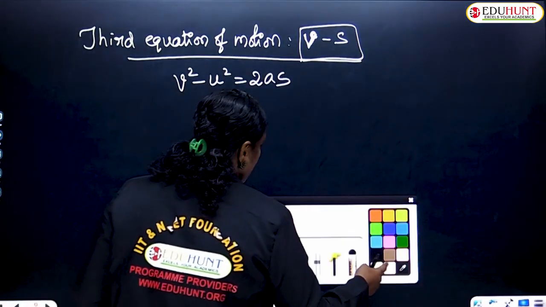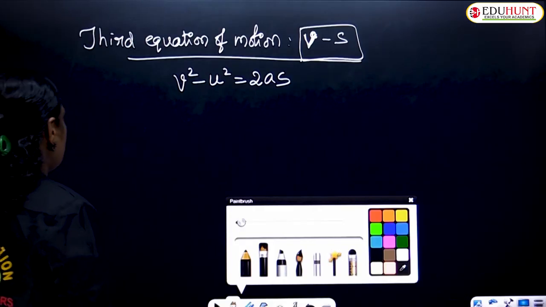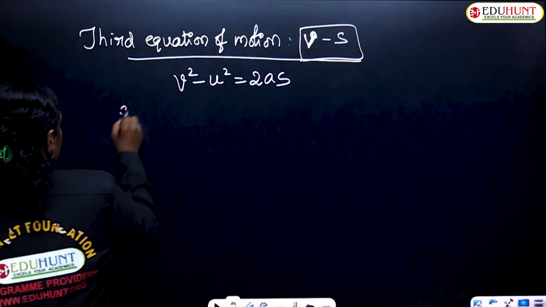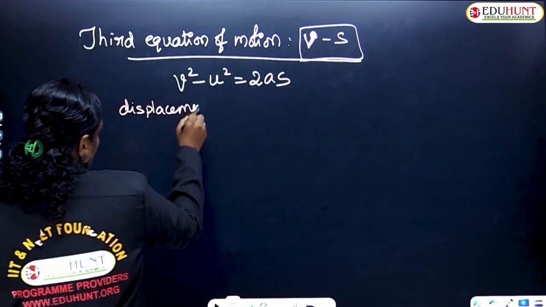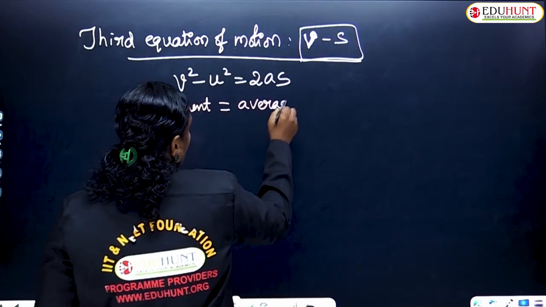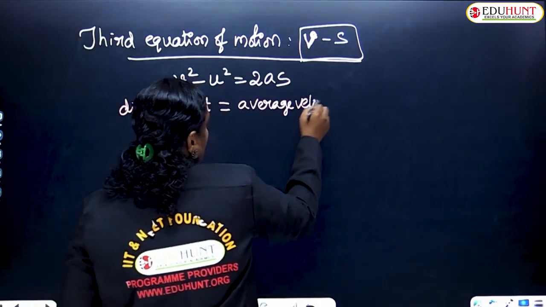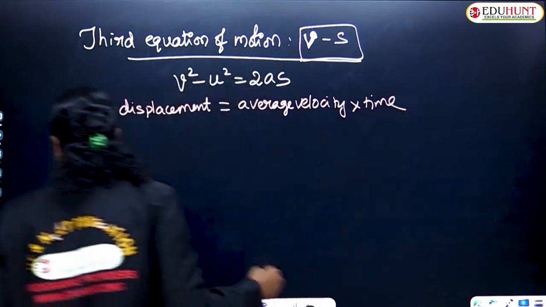In order to understand this properly, let us consider this. We know that displacement is given by average velocity into time, which we have already discussed in your previous concept.